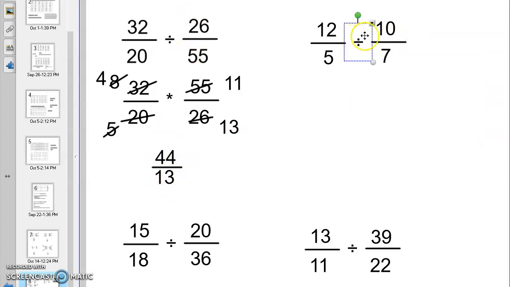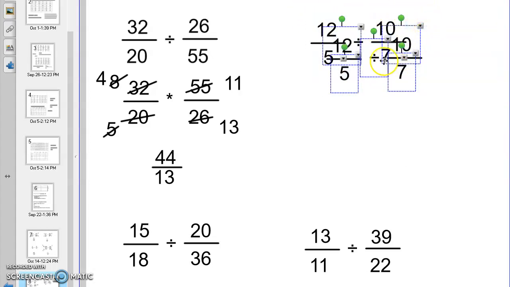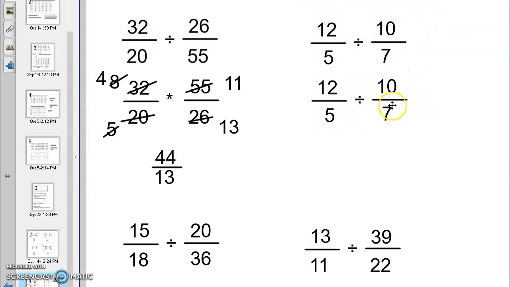Here, this one, we're just going to flip the fraction. We're going to flip that second fraction, I should say. So it becomes 7 over 10. And this sign becomes now multiplication. There's nothing we can do diagonally between the 5 and the 7, but here I can make the 12 a 6 because 2 goes into 12 6 times.